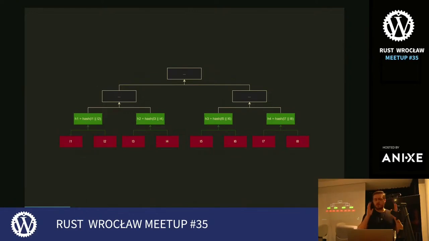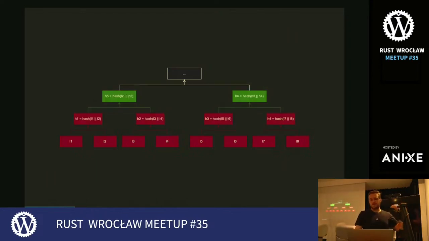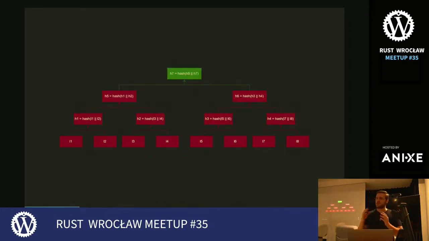So we hash the first pair, second pair, third, and so forth until we arrive at a number of hashes equal to the number of leaves divided by 2. We do this multiple times until we finally arrive at the root of a Merkle tree, which is a singular hash that represents, as hash properties give you, a certain uniqueness and consistency of the data you have.